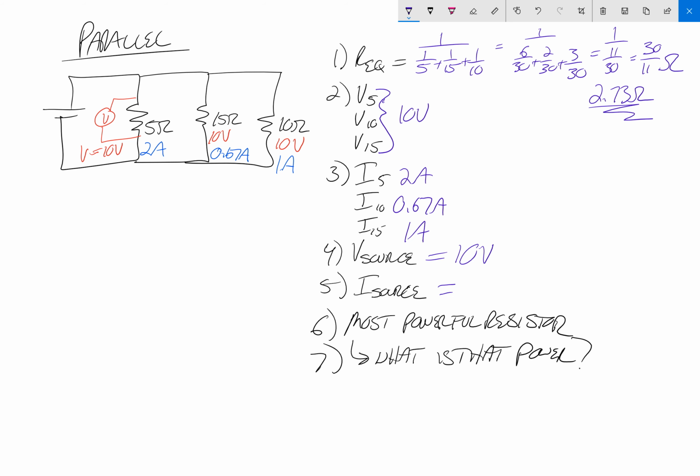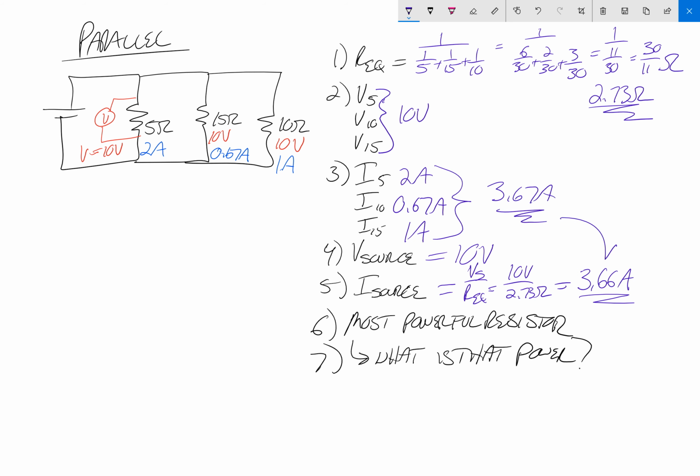We could do I source equals V source over R equivalent, which would be 10 volts over 2.73 ohms. 10 divided by 2.73, 3.66 amps. Also, one of the other concepts that we got from the lab was that if you add all the currents, you should get the total current. So if you add these up, you get 3.67 amps, which is the same.